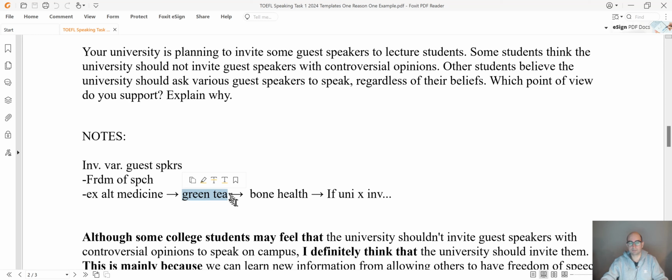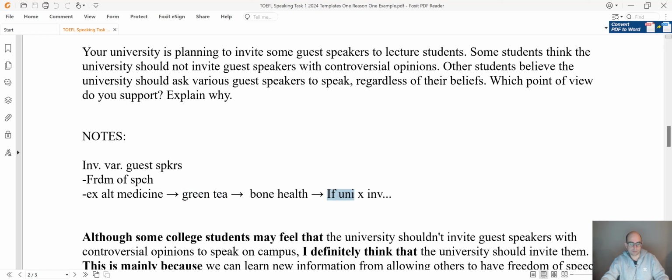So, you could talk about abortion, substances like marijuana or mushrooms that some countries, some places in the world want to legalize or want to ban, or other stuff, whatever you're familiar with. Bone health, if the university does invite them, what happens, right?